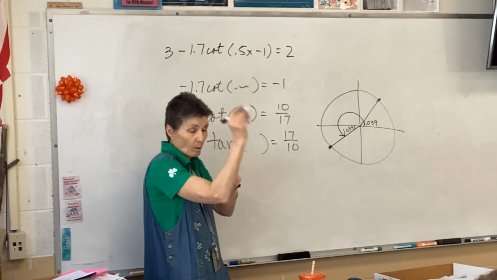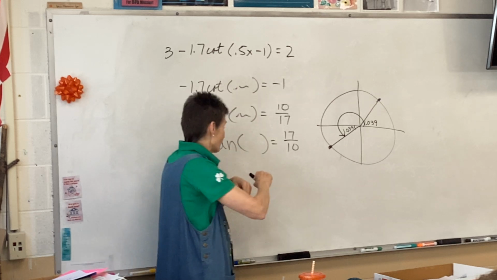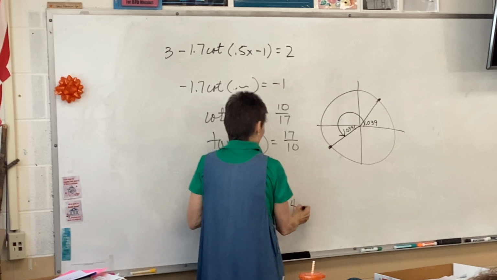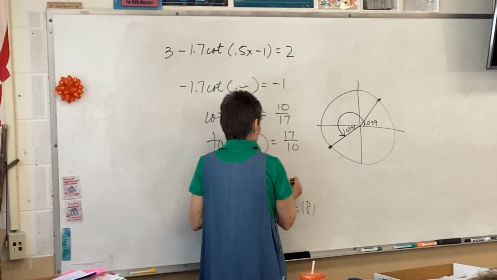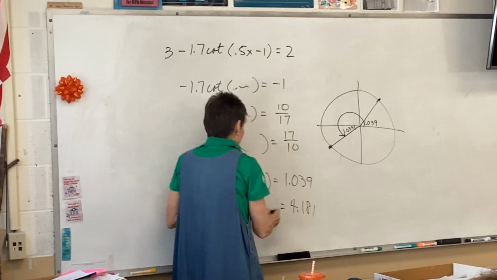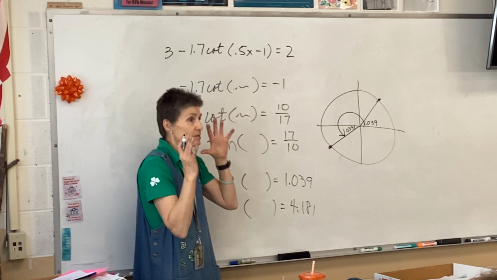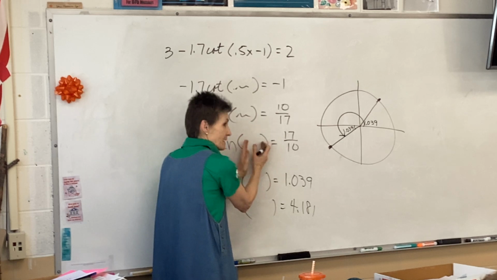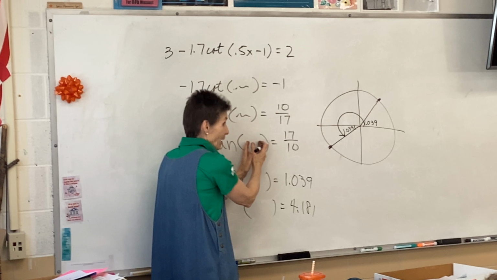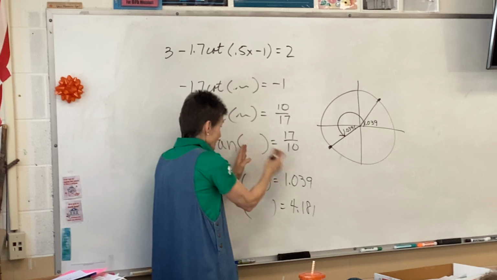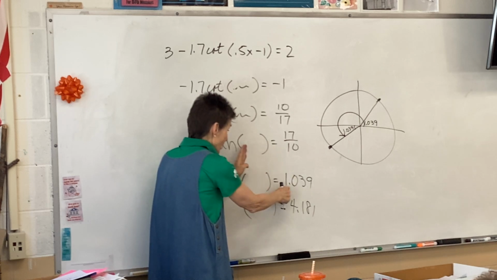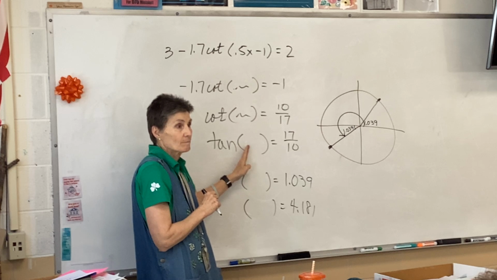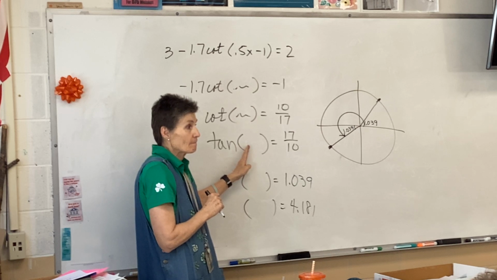Yep, so what's 1.039 plus pi? 4.181 and 1.039. So here's what I need everybody to be with me on. I don't know what this is, but I know that whatever it is, it's equal to 1.039 or 4.181. Does that make sense to you? So that's just when you have two answers.